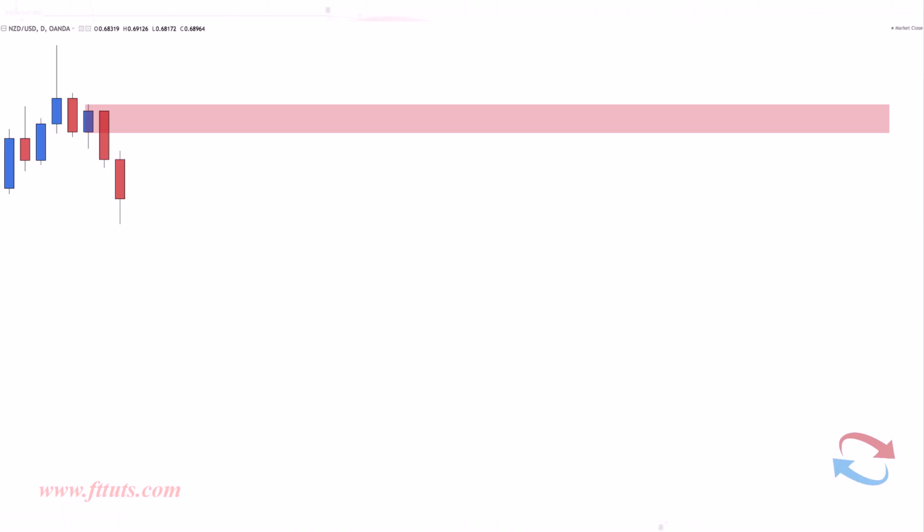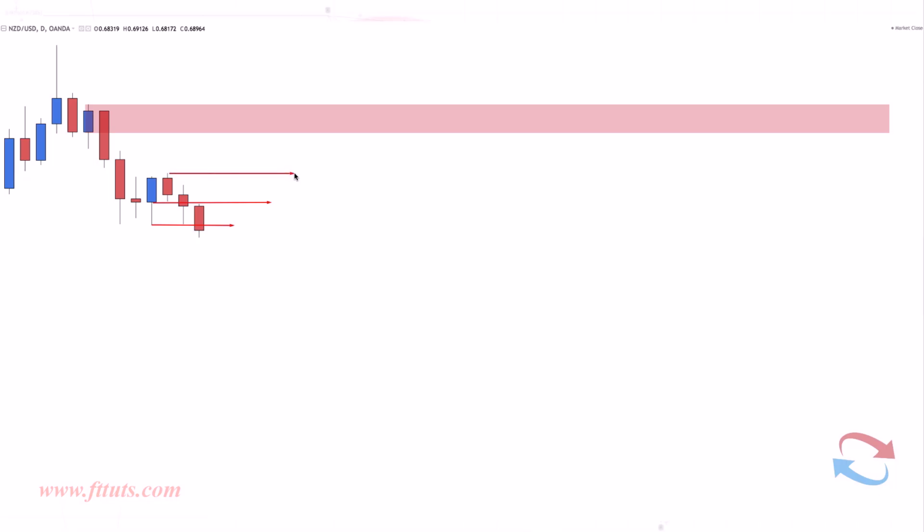And then as we make new lows, this would probably be the low here, and then we made a new low. It's closed below that. So then what we would have is the supply zone start from the bullish candle's open price to whatever is the highest swing.